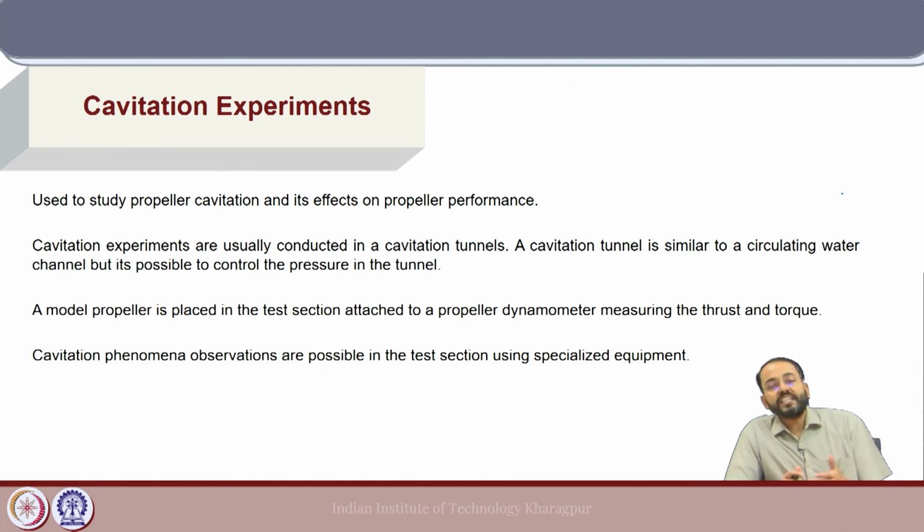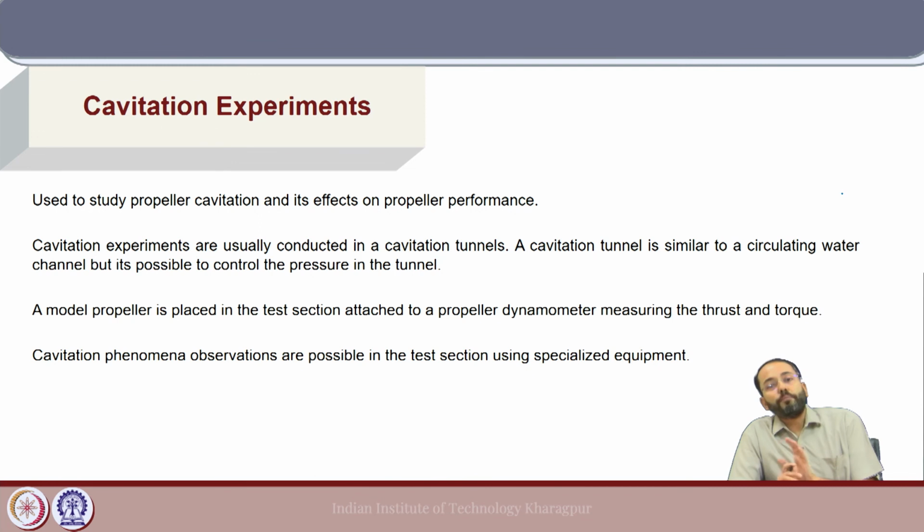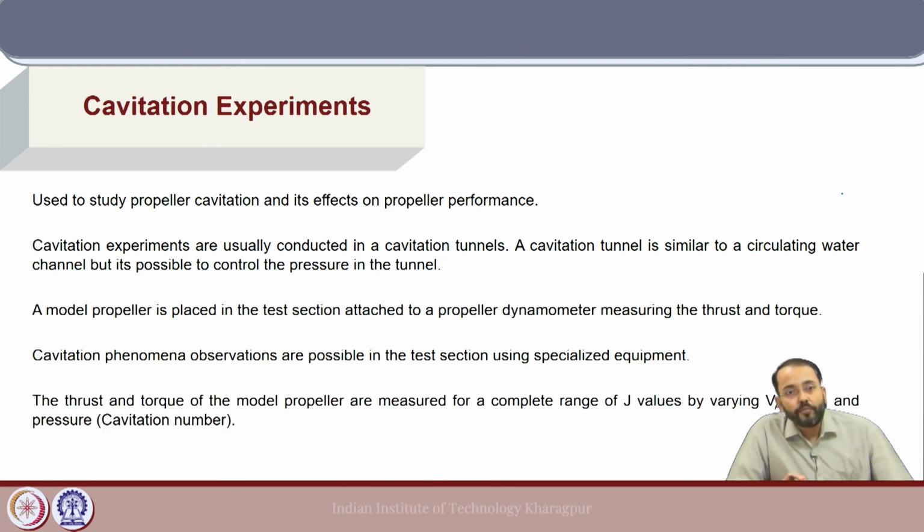So, in a cavitation tunnel, the pressure can be controlled, and that leads to cavitation phenomena, or that means occurrence of cavitation over different propeller blade sections, depending again on the propeller design and the operational conditions, and it can be observed for different pressure conditions which relates to the cavitation number.